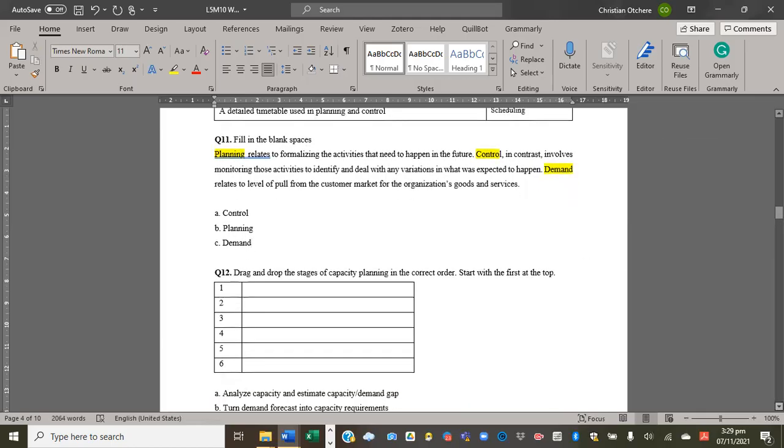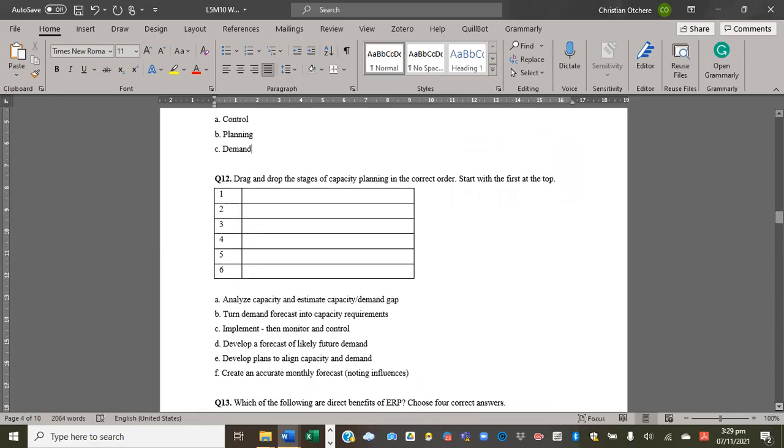Now, this is a source of additional information. So we are dealing with capacity planning. Drag and drop the stages of capacity planning in the correct order. Start with the first at the top.